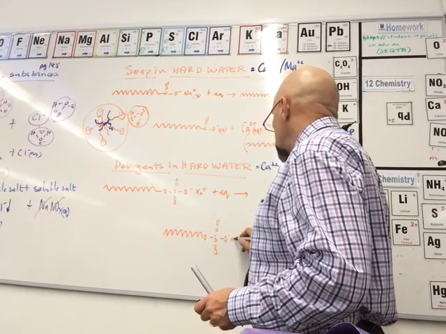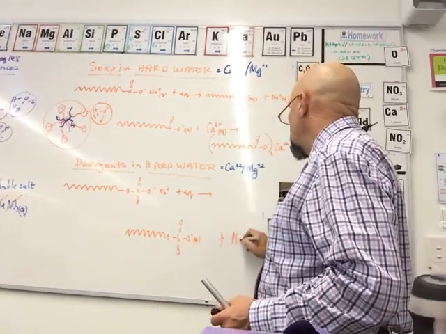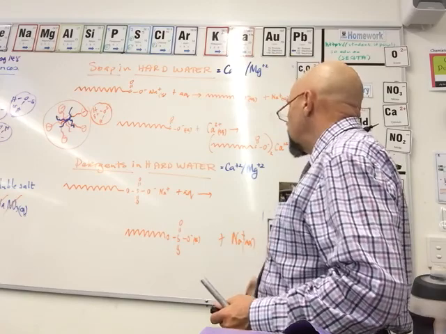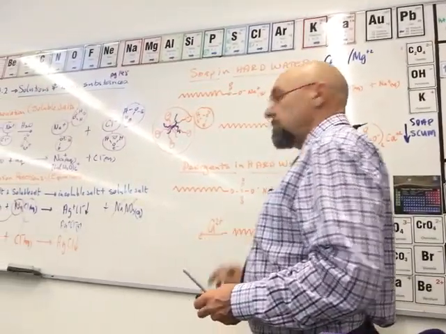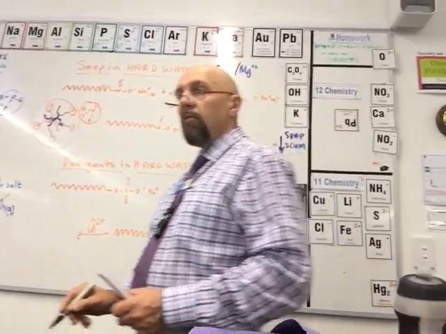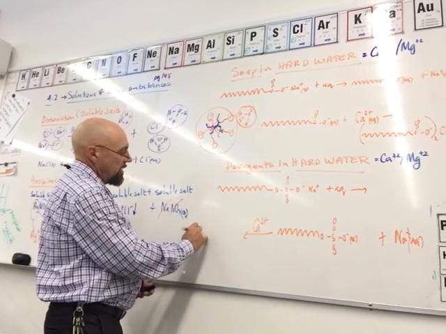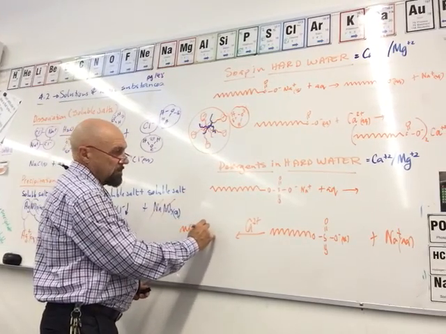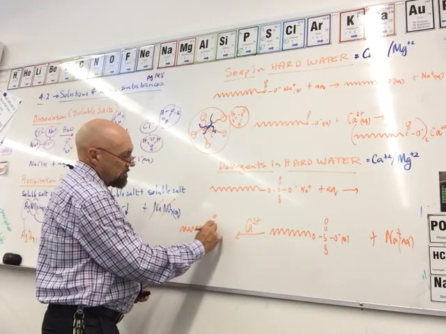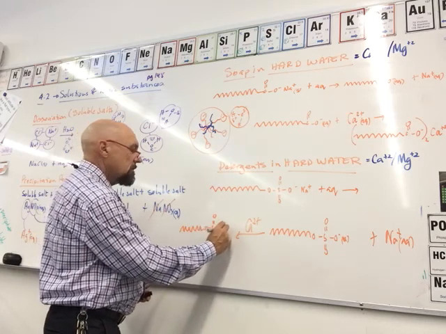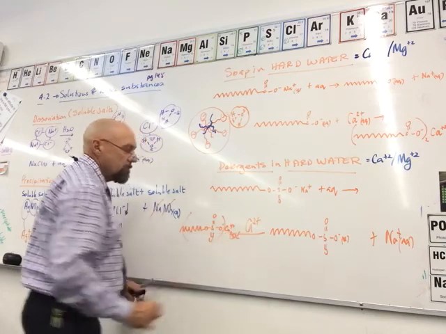O minus. So here's my detergent molecule going to work, and my sodium ion is soluble. Now, if I take that and add calcium ion, it will form a calcium salt. However, the calcium salt of this compound here, which is a sulfonate detergent, O minus, Ca 2+, bracket, bracket, aq.